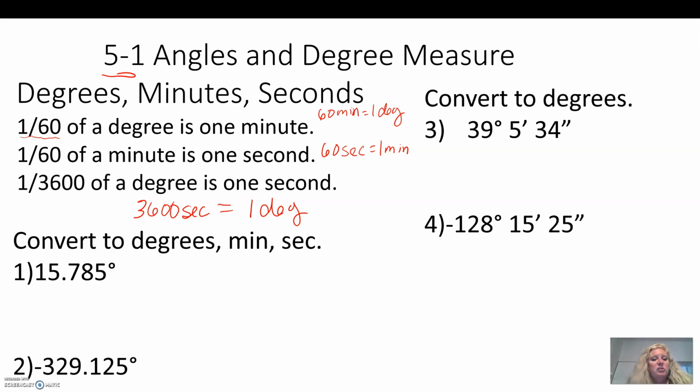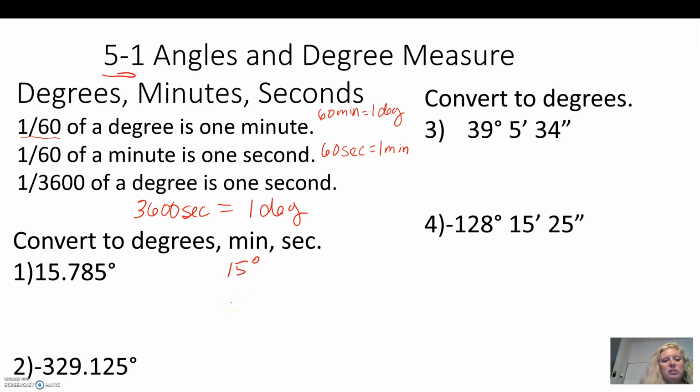So ultimately what we're going to be doing is converting. In order to convert degrees when we have a decimal to degrees, minutes, and seconds, you start by looking at the whole number. Number 1, I've got 15.785 degrees. 15 is the whole number, so that's going to be 15 degrees.